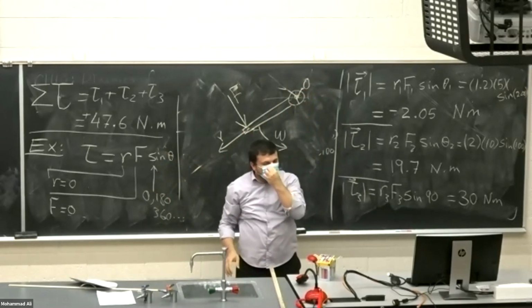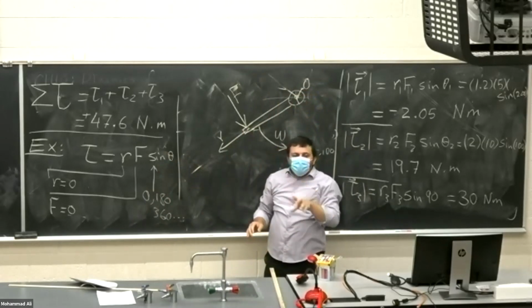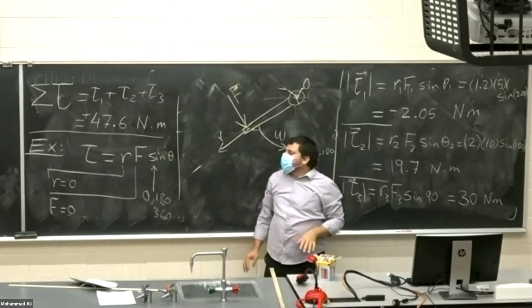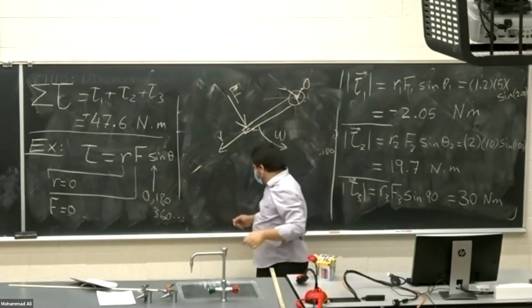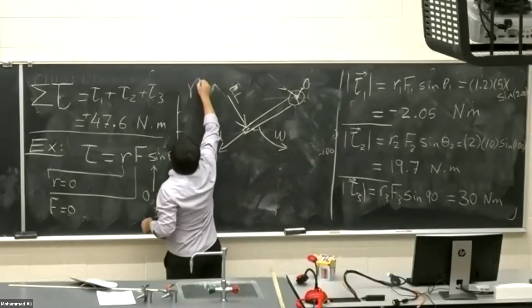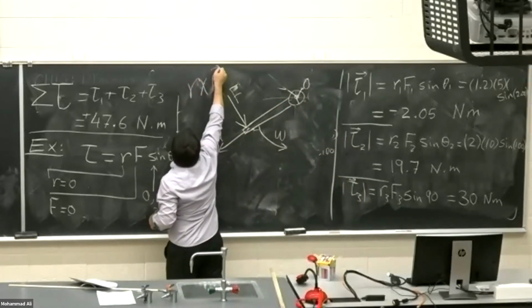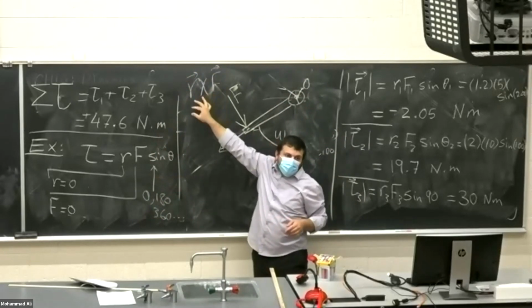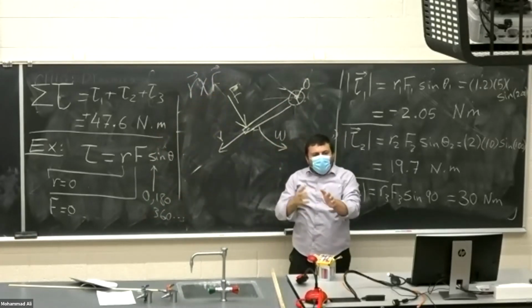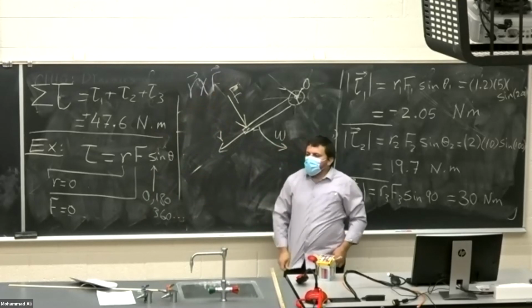If I ask you, and I didn't go deep with you with the cross product, R cross F. At the beginning, we didn't talk a lot about this because there are some difficulties.